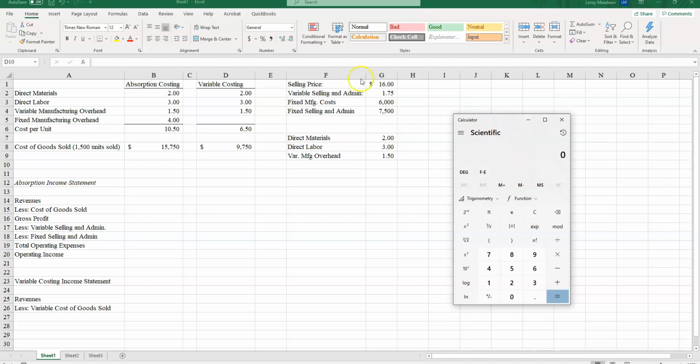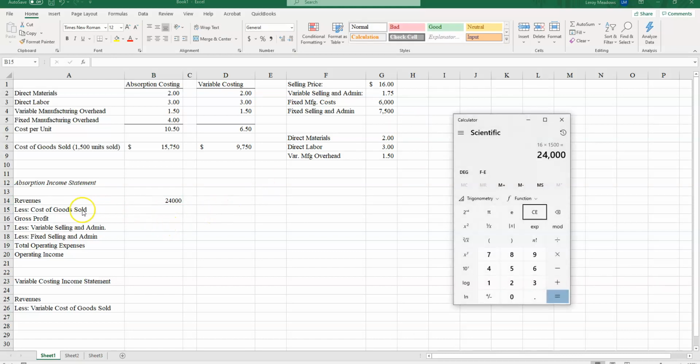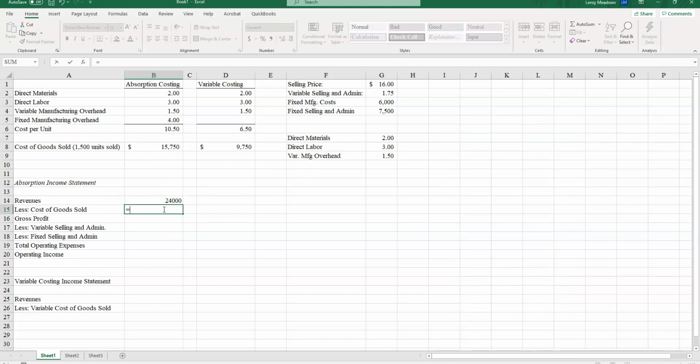Well, I remember I sold these for $16 each times 1,500 units sold. So my revenue is going to be 24,000. Now, less my cost of goods sold. What was that under absorption costing? 15,750.